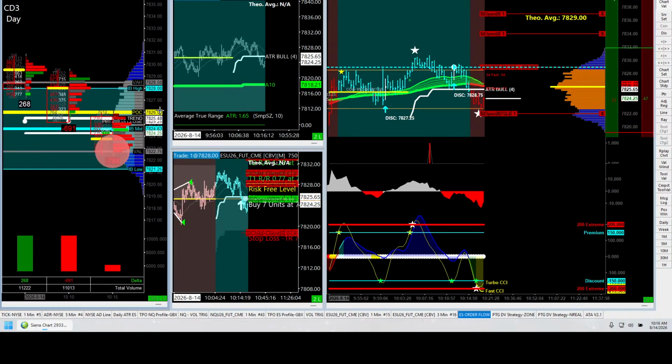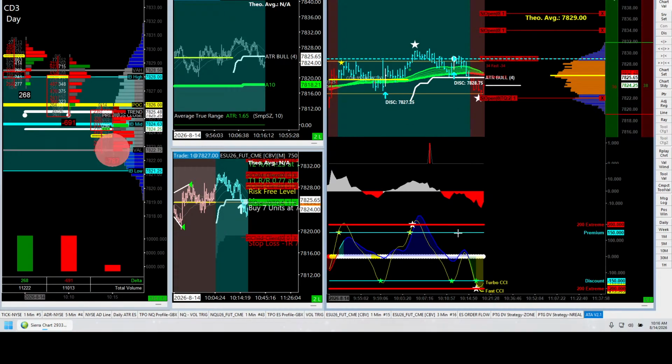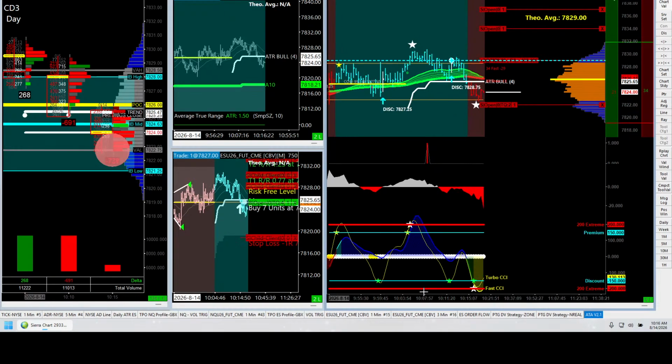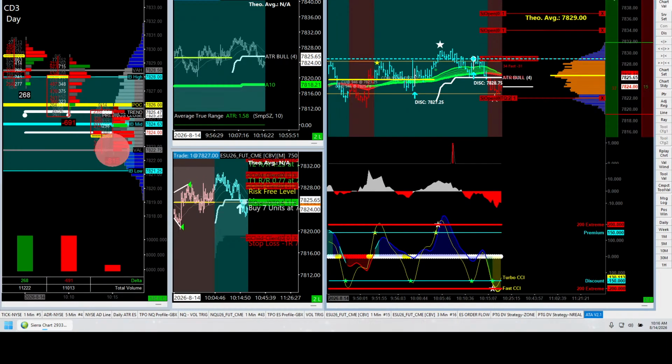All right, no breakout. Again, for reasons cited. Cycle lower. Still sitting essentially flat right now.